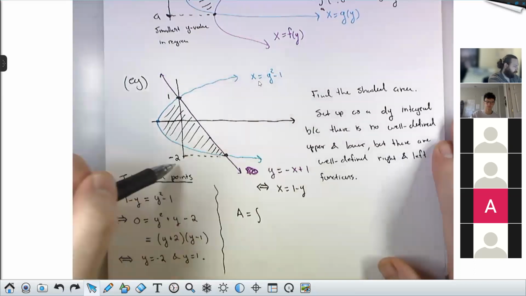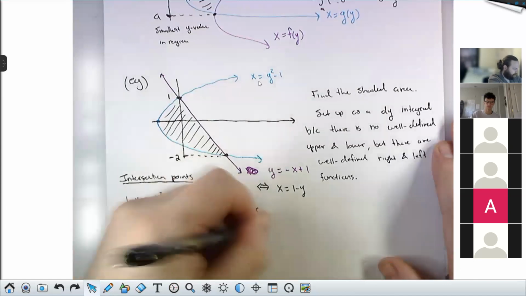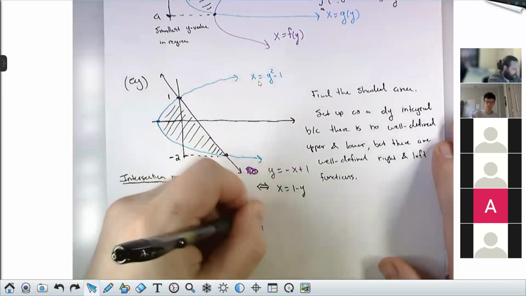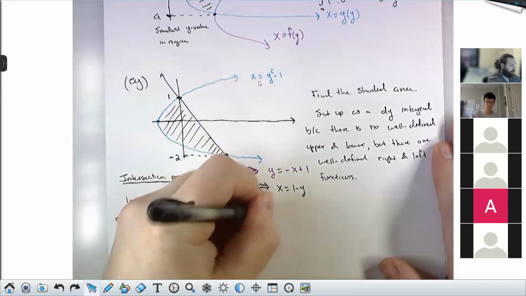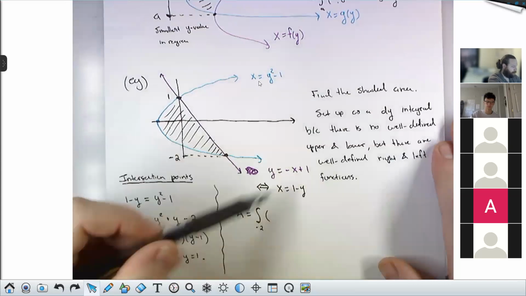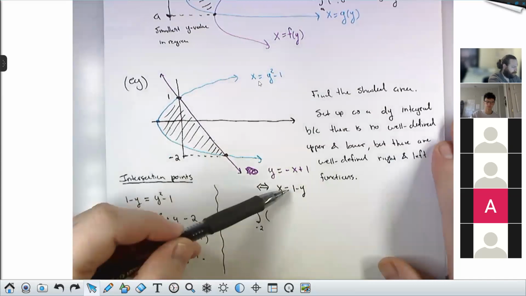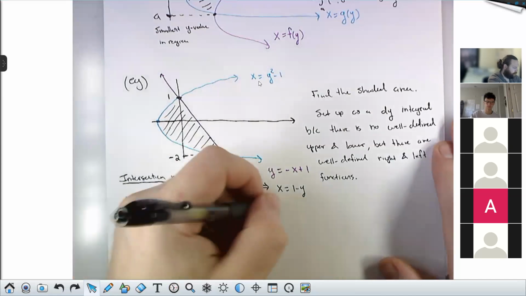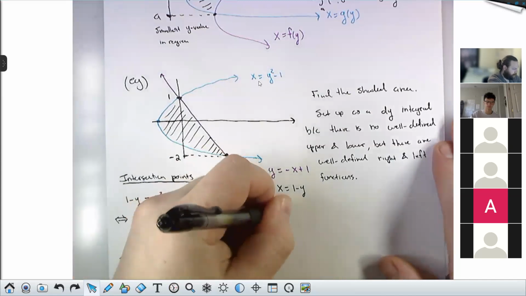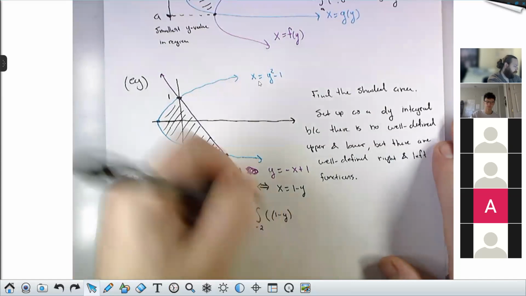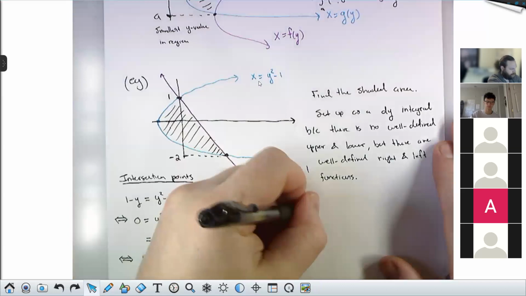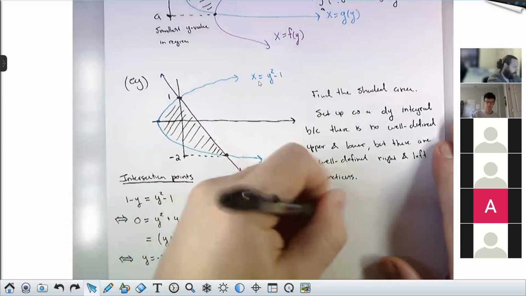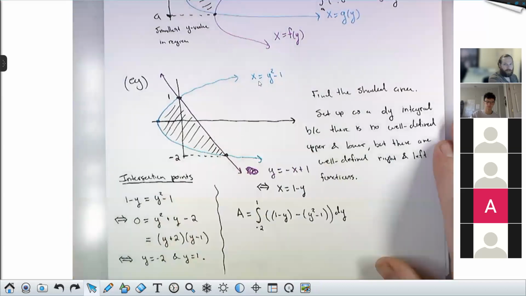That will be the integral from -2 to +1 of my right function minus my left function, both of them as functions of y. So the purple curve can be written as x equals 1 minus y. So that is just 1 minus y. And now I need to subtract my left function, which is y squared minus 1. And the integral is being done dy.